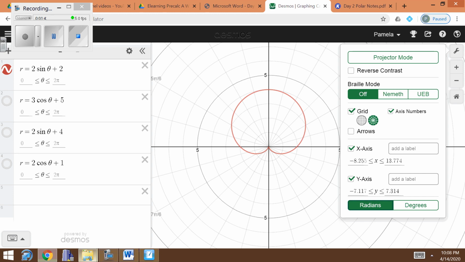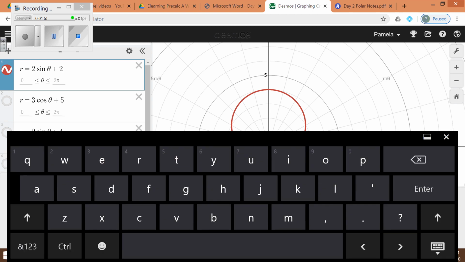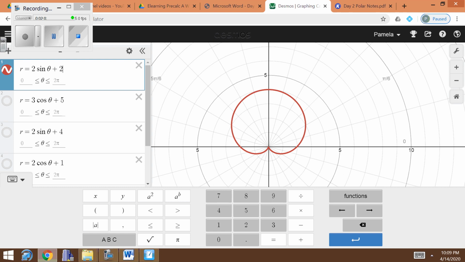Make sure you're in radian mode. And then when you're actually typing in the equation, you're going to need a theta value, so r equals in the theta. Usually what I do is just type in the word theta, and Desmos will change it into the symbol theta. Another way that you can do it if you don't like doing it that way is this keyboard right here.